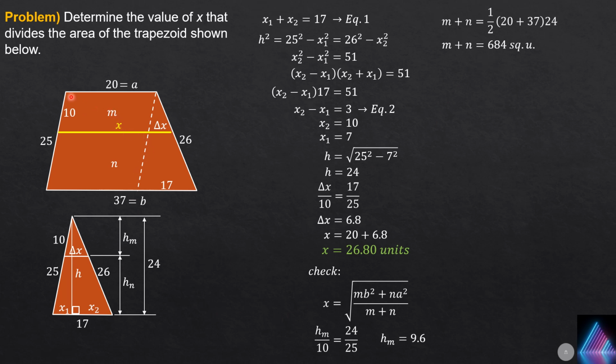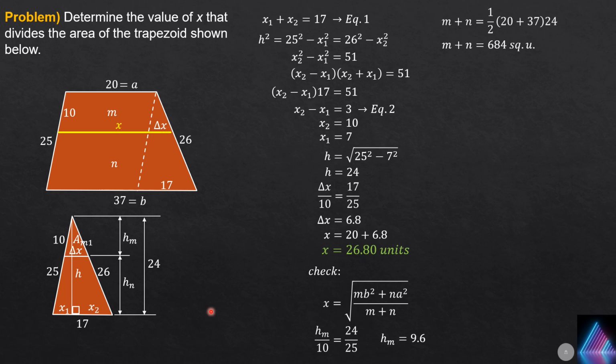Likewise, for the area M, it is area of parallelogram 20 times H sub M plus area of this triangle, which I'll call area M1. We can solve this by similar triangles. We can also compute the area of this big triangle here.